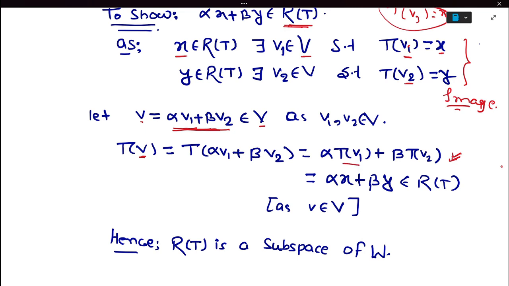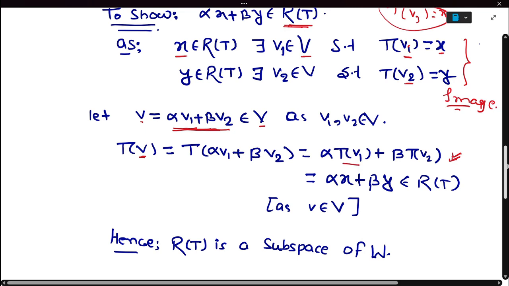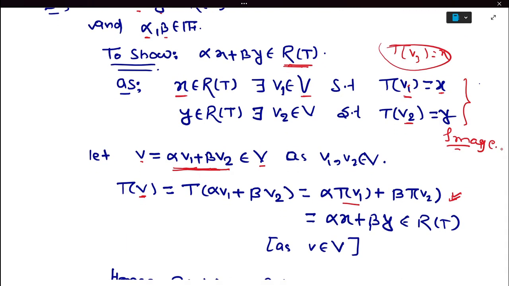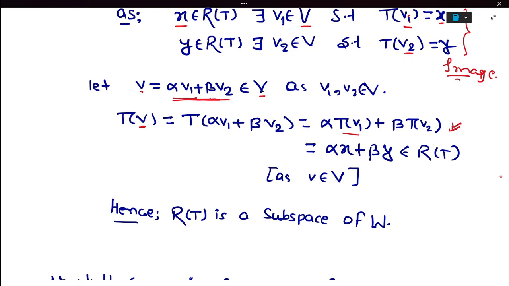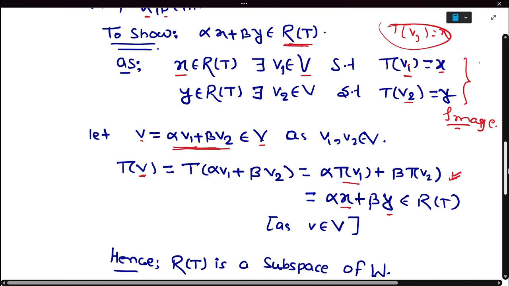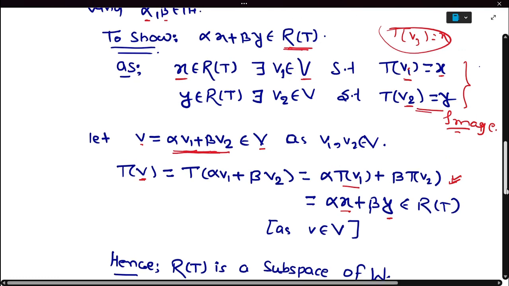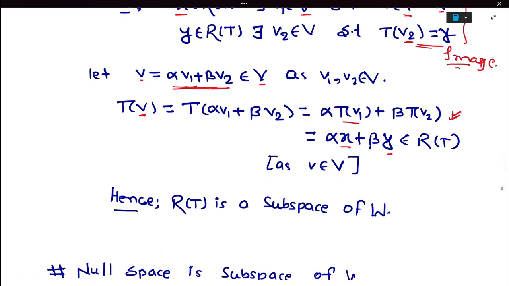Now what we know, T of v1 is x and T of v2 is y. So this is alpha x plus beta y. It means this element is in W and it has a pre-image v.